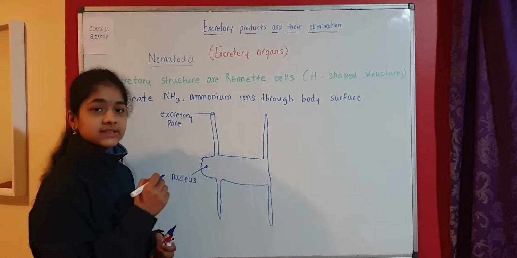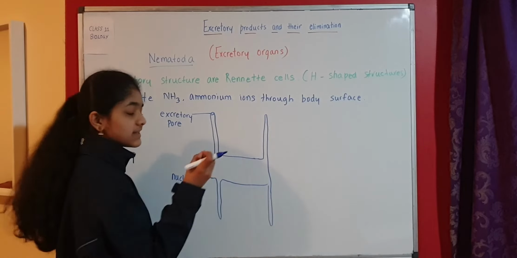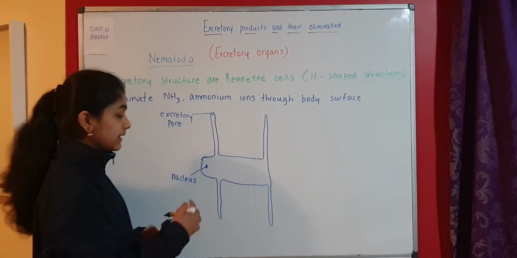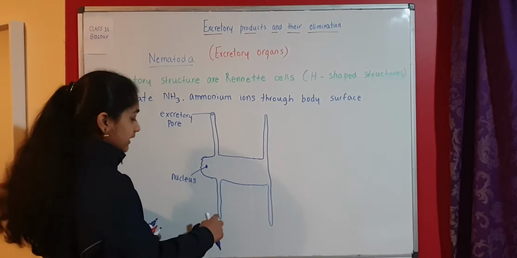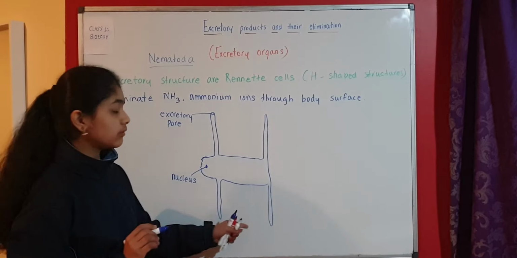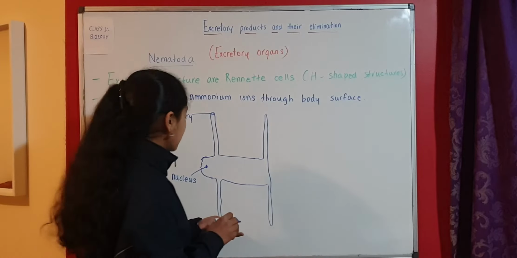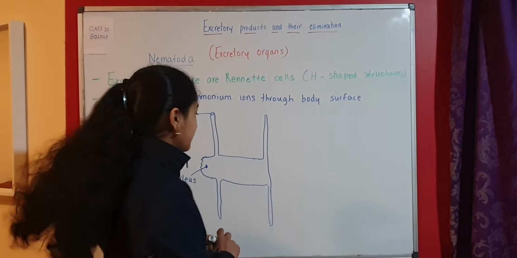Only one arm has this excretory pore. The other 3 don't have an excretory pore. These are just like ducts, but nothing is going to come out from here. Only on one arm there is this excretory pore. So this is the nucleus and this is the excretory pore.